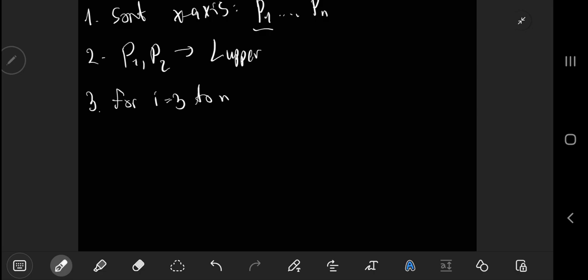So what we are doing, we append the next point to the list, and we are in the upper, so L upper, let's call it LU, because I don't want to write L upper all the time.